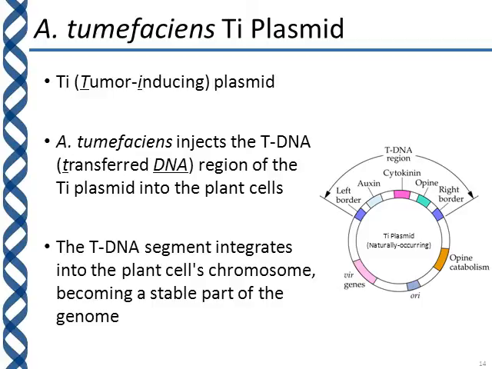The T-DNA segment integrates into the plant cell's chromosome, becoming a stable part of the genome. And again, here we show a diagram of some of those events showing the T-DNA region.